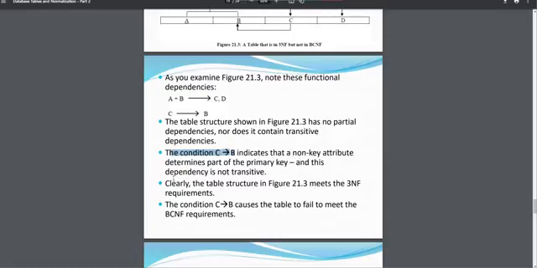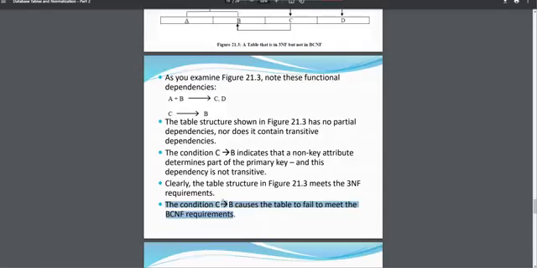This condition causes the table to fail to meet the Boyce-Codd normal form. If there is this kind of dependency or determination, it is not in Boyce-Codd normal form. It fails to meet the requirements.